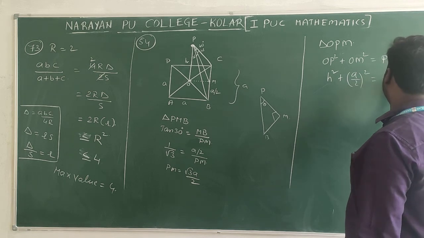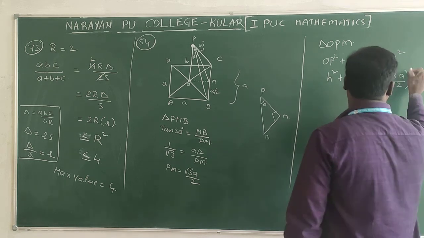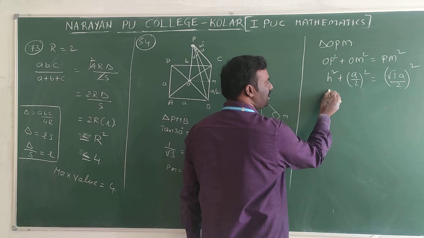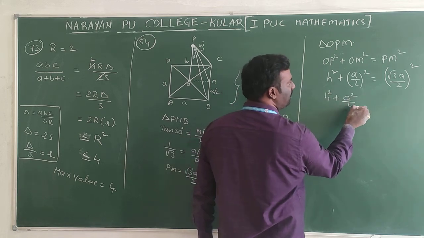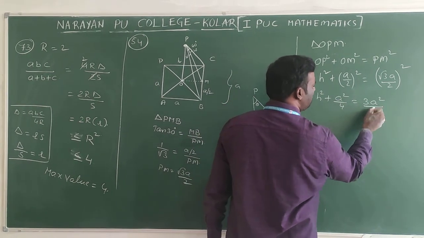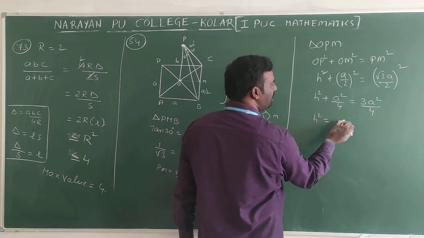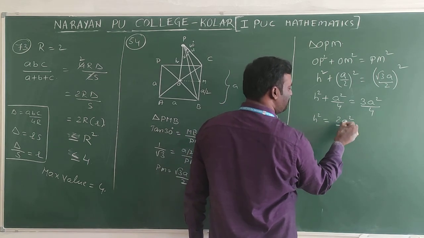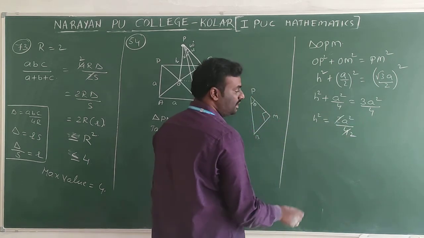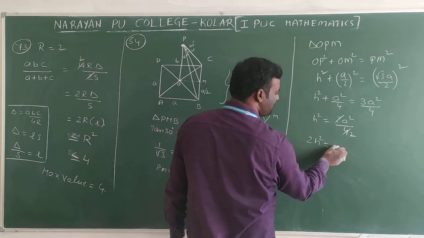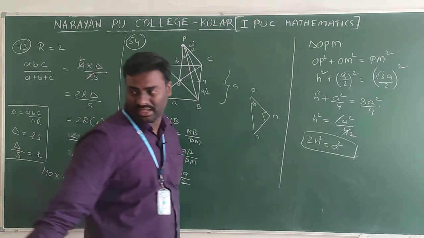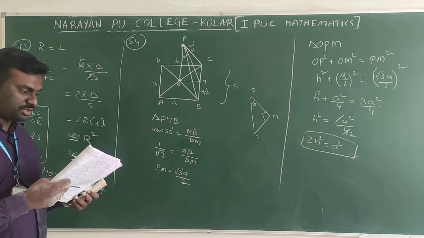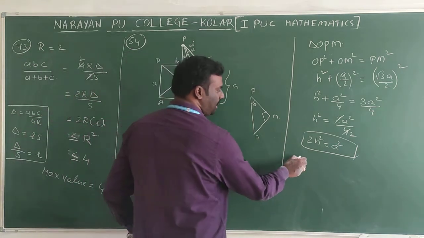PM square is root 3 a by 2 whole square. Then h square plus a square by 4 is equal to 3a square by 4. Then h square equals 2a square by 4. If you cross multiply, 2h square equals a square is the condition. 2h square equals a square is nothing but option A.